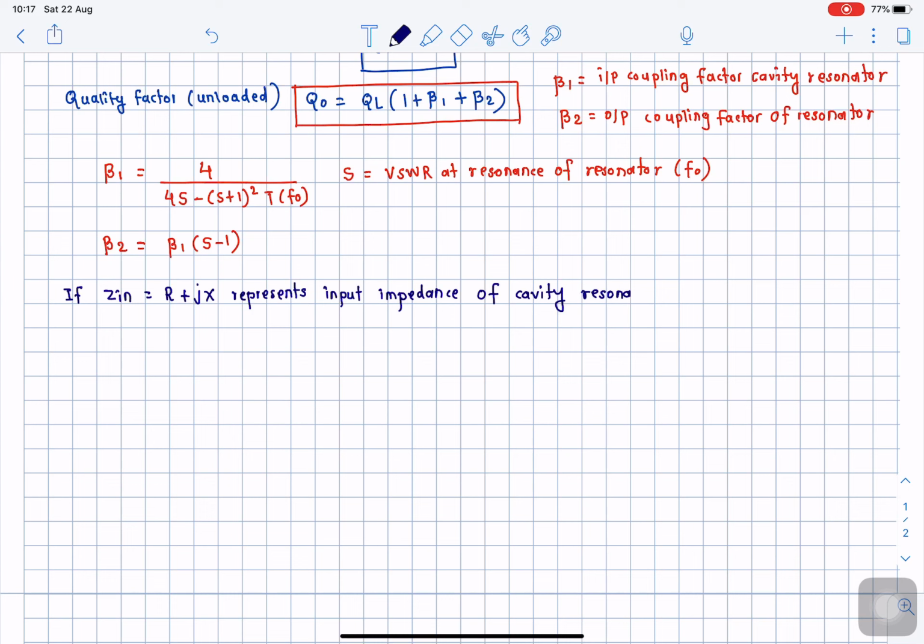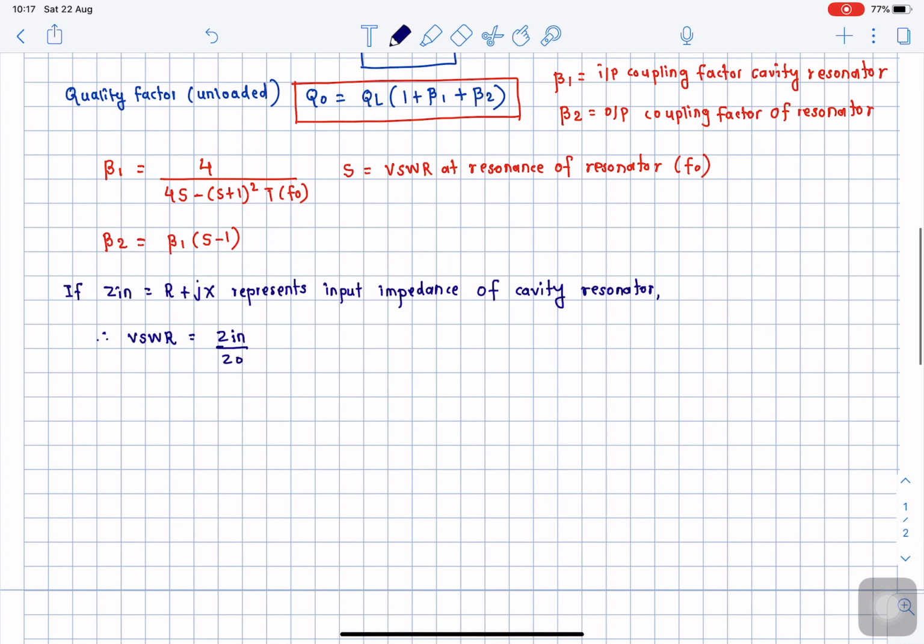okay. So what is Z-in? Z-in is representing input impedance offered by that cavity resonator. Then VSWR is given by Z-in divided by Z0, right? The input impedance consists of two parts, real part resistance and imaginary part reactance, divided by Z0.